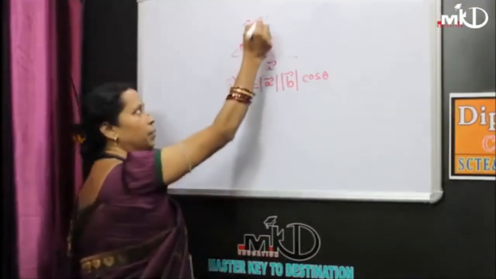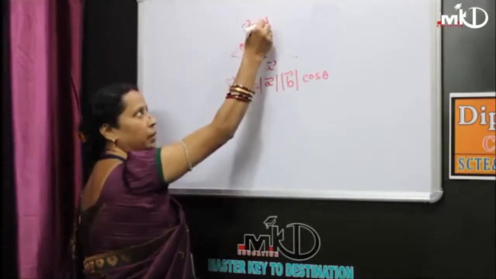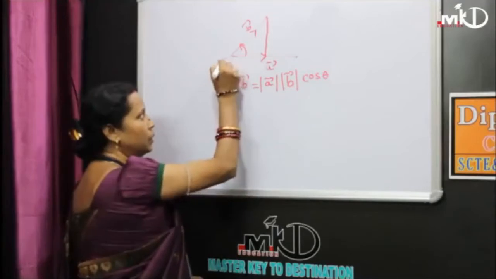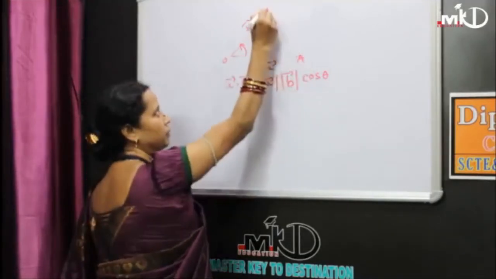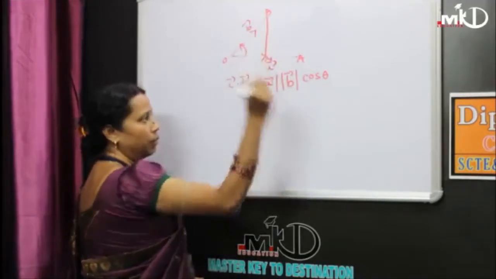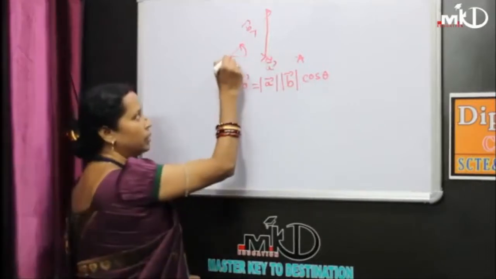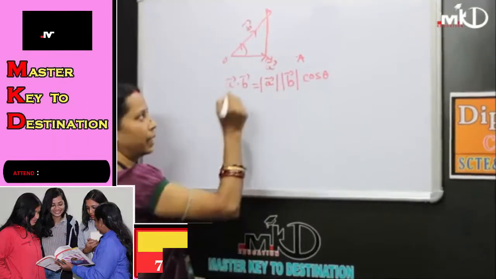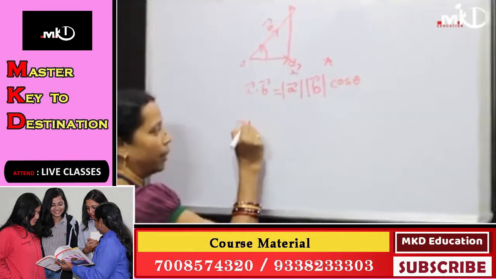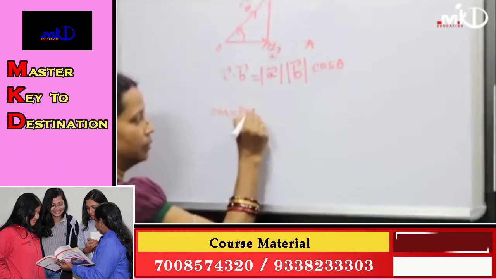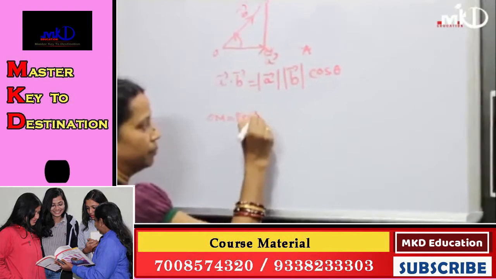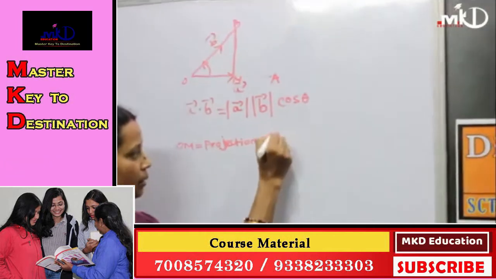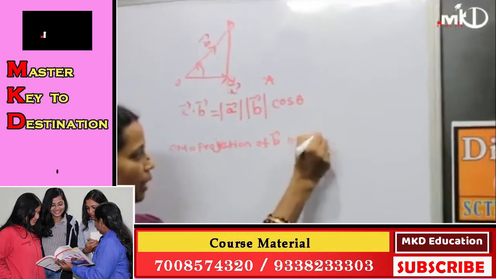Now suppose I draw a perpendicular from B bar on A bar, and suppose this point is M. Now you see OMB is a right angle triangle, and OM is the projection of B bar on A bar.